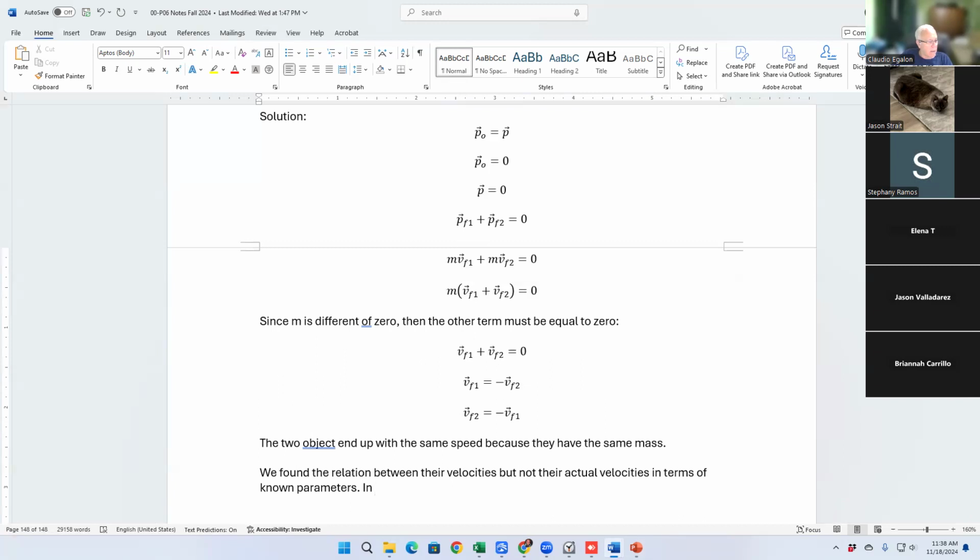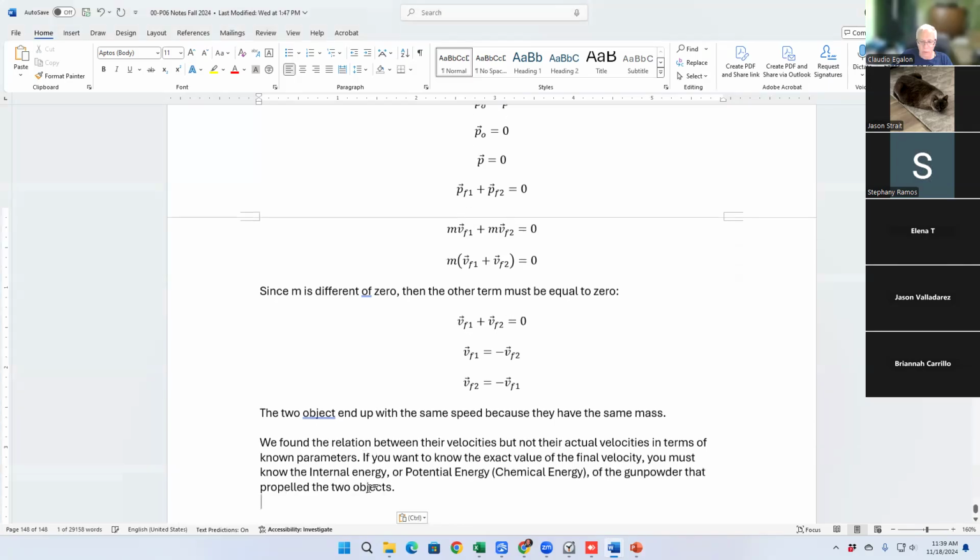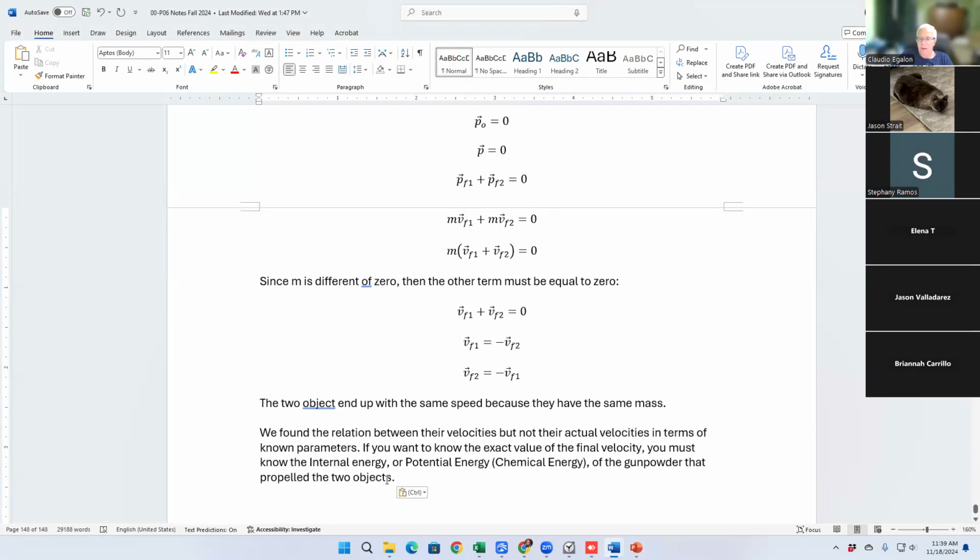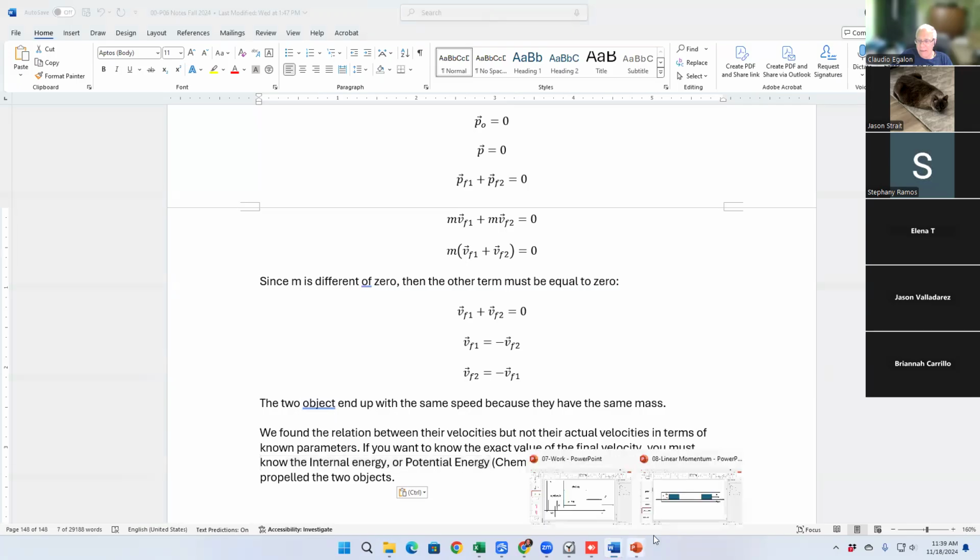If you want to know the exact value of the final velocity, you must know the internal energy or the potential energy of the compound that propelled the two objects. Okay? In this specific case, think about that.